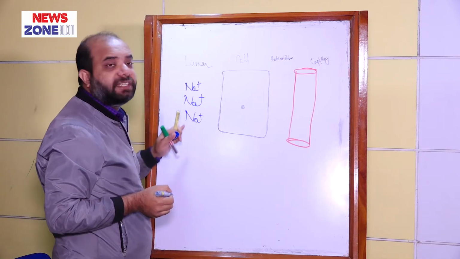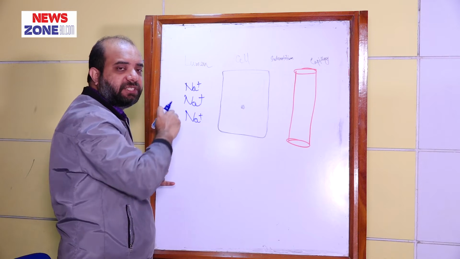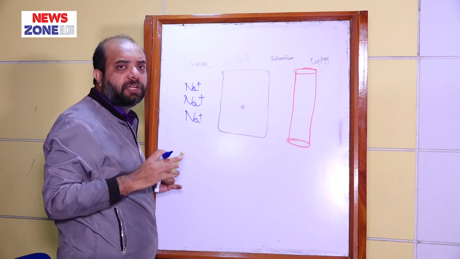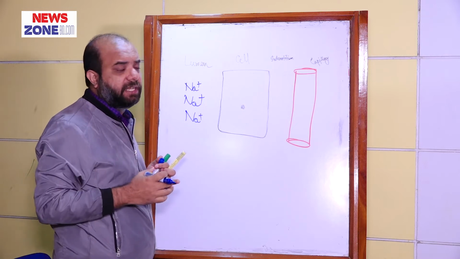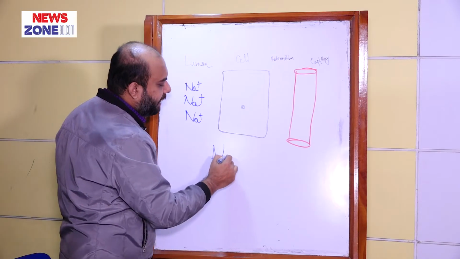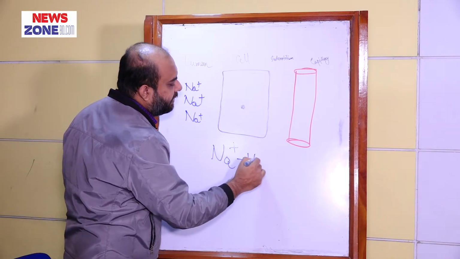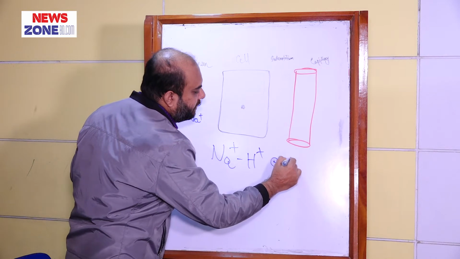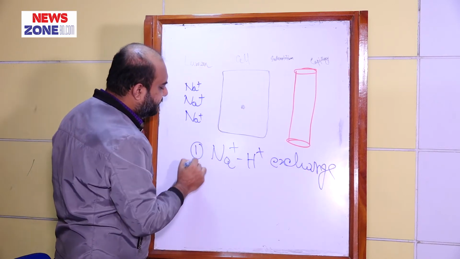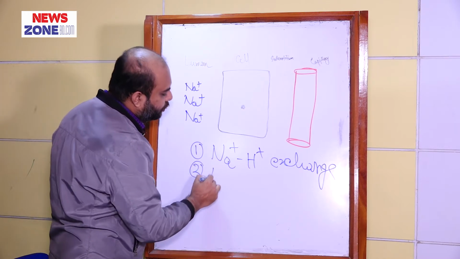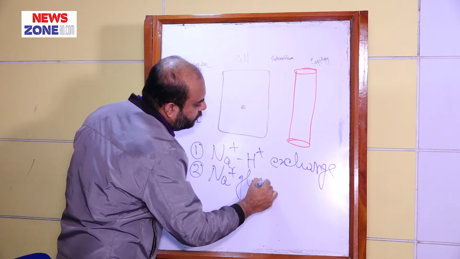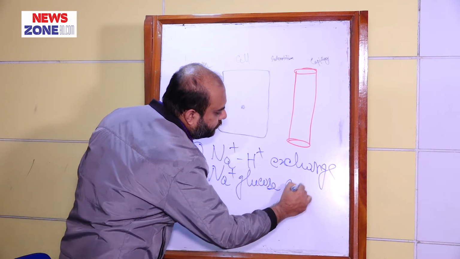Suppose there are 3 sodium ions. These 3 sodium ions will be reabsorbed from the proximal convoluted tubule in 3 different ways. First of all, it can be transported by sodium hydrogen exchange. Then it can be transported by sodium glucose co-transport.